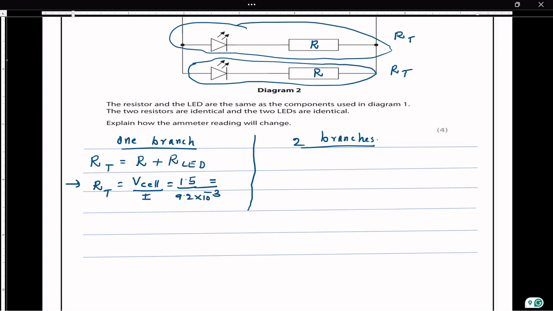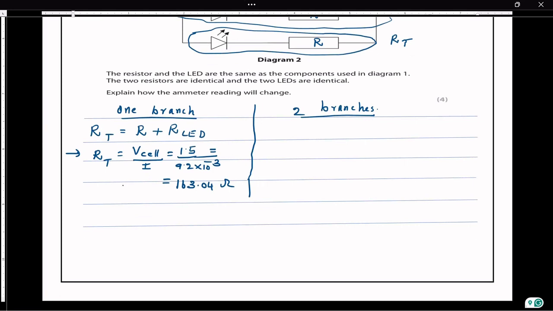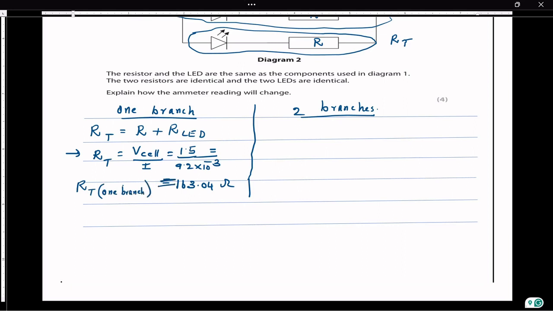On calculation, this gives 163.04 ohms. This is the resistance with one branch. Let me write it as RT, one branch.